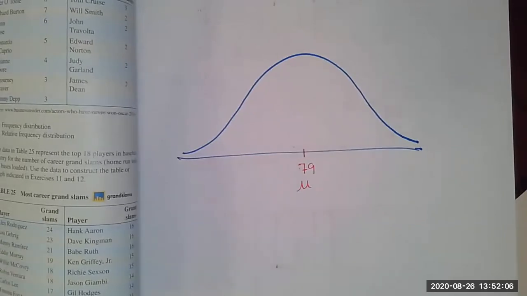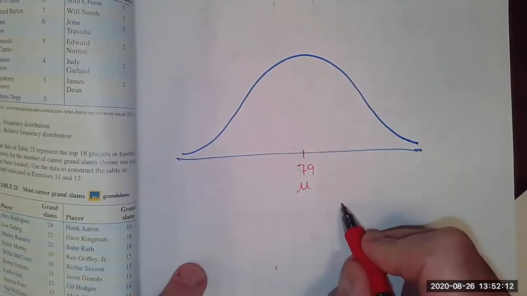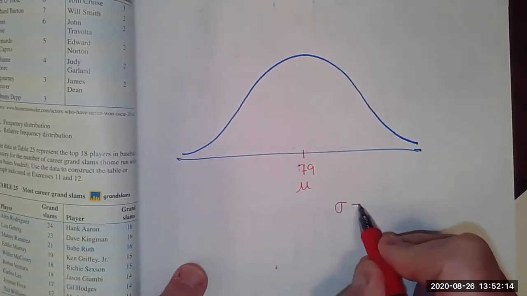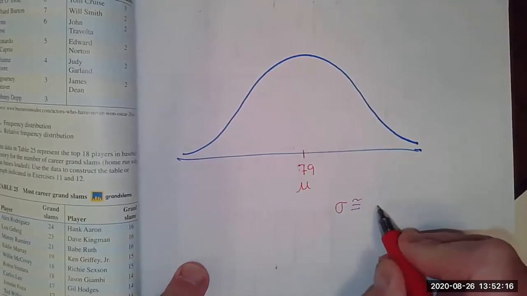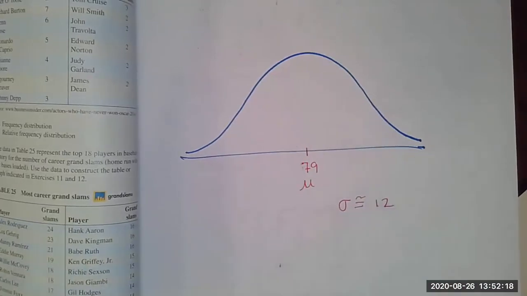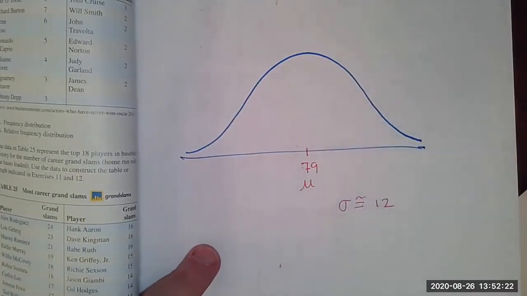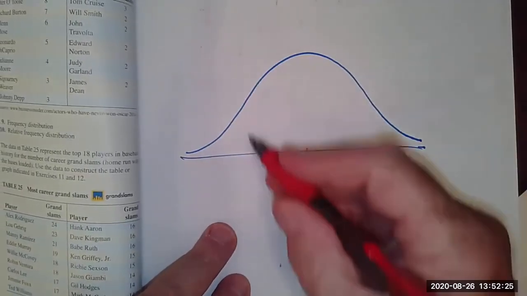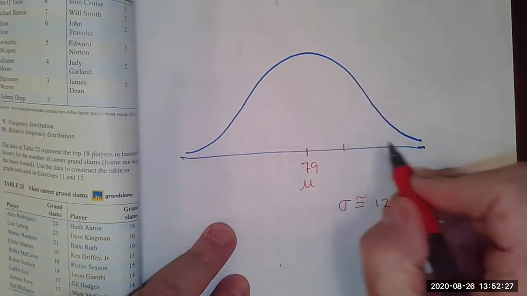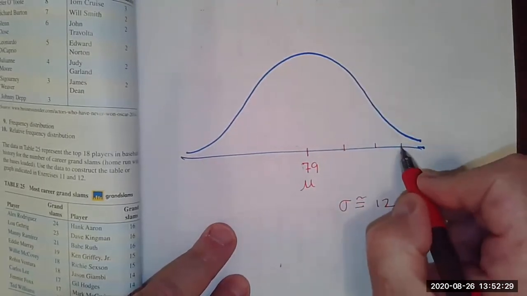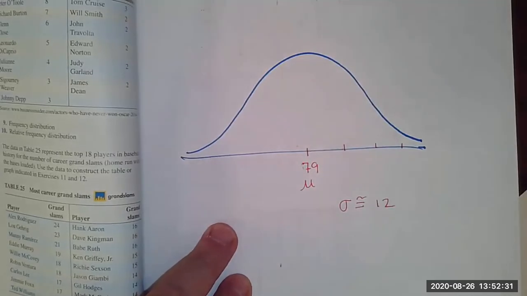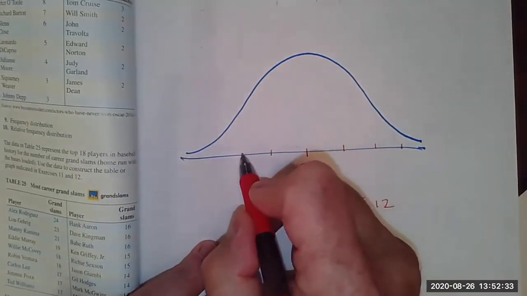Then you calculate what's called the standard deviation through your calculator. And let's say that number turned out to be, and this was sigma, turned out to be squiggle 12. The number 12. Then what you guys are going to learn, and this will always be true for a bell-shaped curve, all you really need to do is go out 3 tick marks to the right and then 3 tick marks to the left.